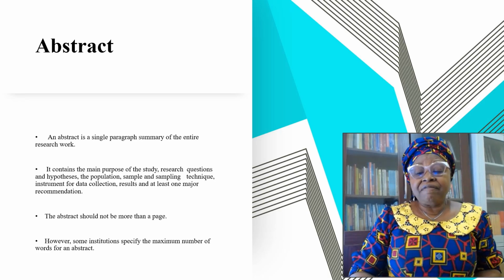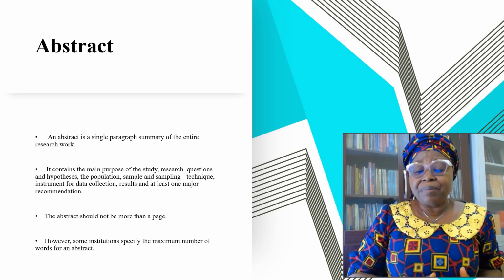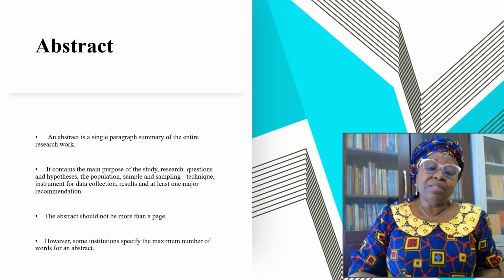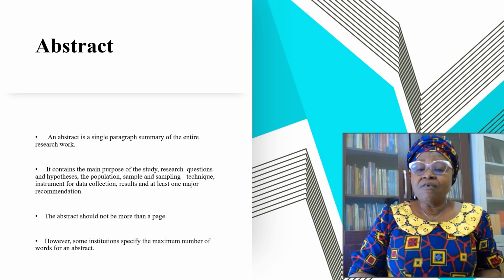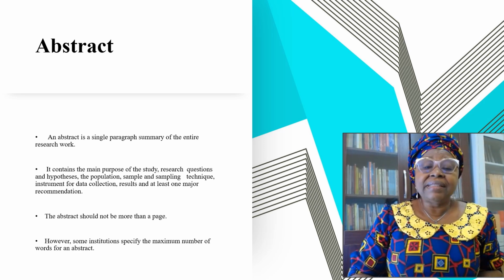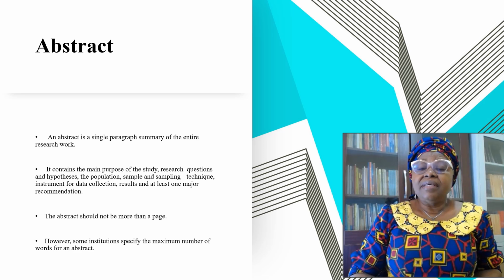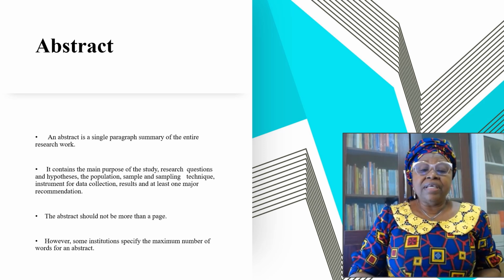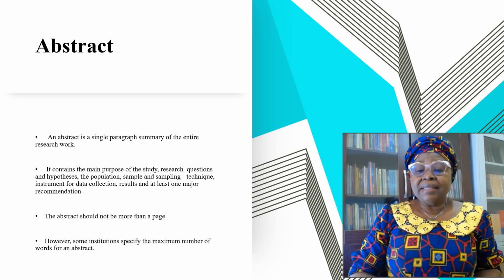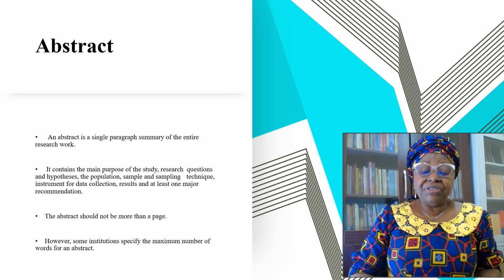Let's look at the first of the key aspects of the preliminary pages, what we call abstracts. An abstract is a single paragraph summary of the entire research work. It contains the main purposes of the study, research questions and hypotheses, the population, sample and sampling techniques, instruments for data collection, results, and at least 1 major recommendation.